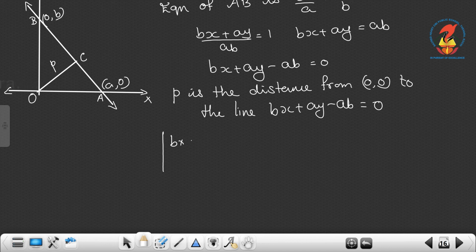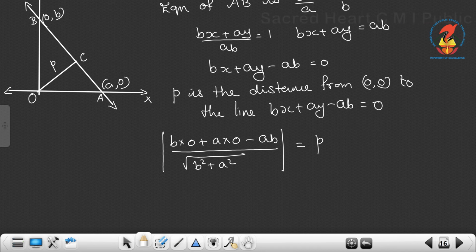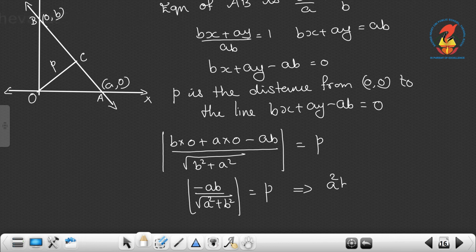Modulus of b into 0 plus a into 0 minus ab, by root of b square plus a square, is given as p. The first term and second term are 0, so minus ab by root of a square plus b square is equal to p. Since it is a root, we have to square, then only the root will go. So squaring both sides, a square b square by a square plus b square is equal to p square.